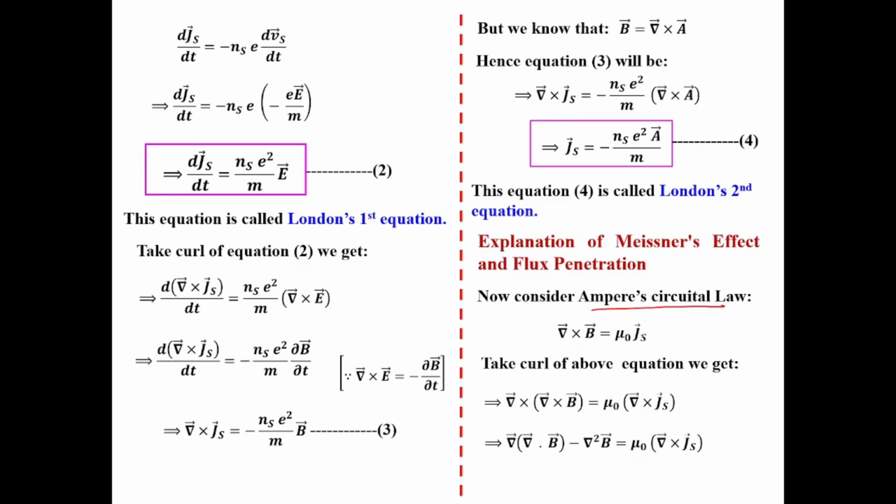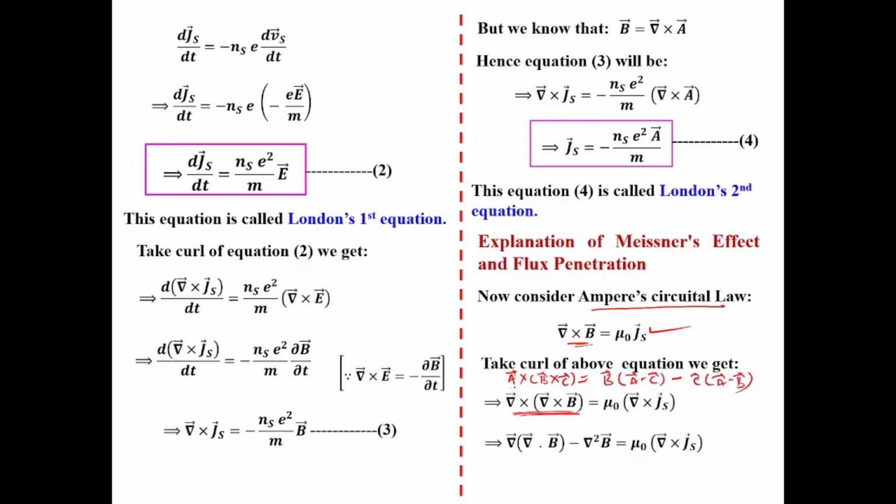So considering Ampere's circuital law, we can write this much. Just take the curl on both sides of this equation. Del cross del cross B equals mu 0 del cross J. This is the representation of a vector triple product, right? Vector triple product means, suppose A cross B cross C is nothing but B into A dot C minus C into A dot B, right?